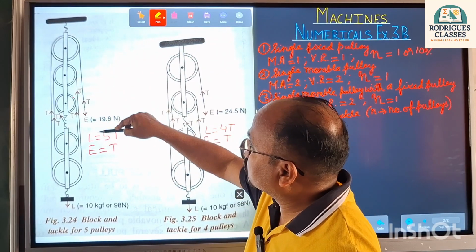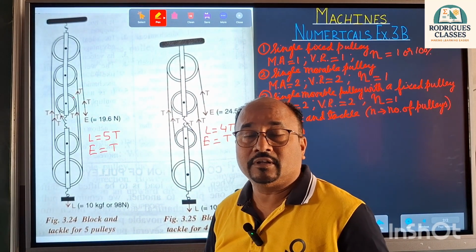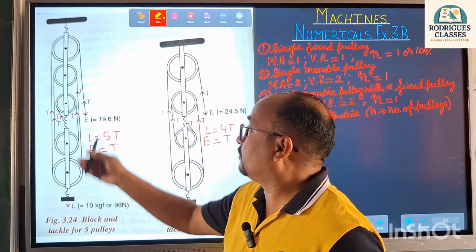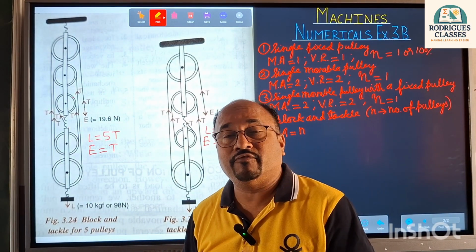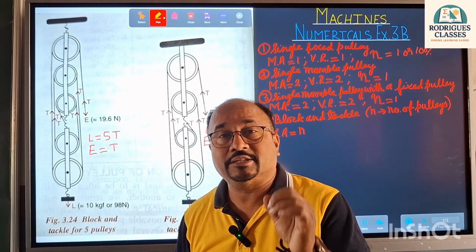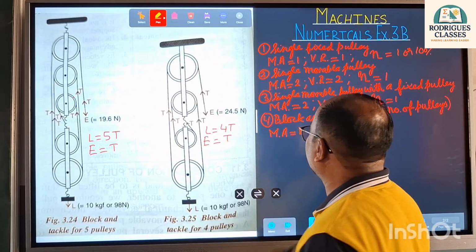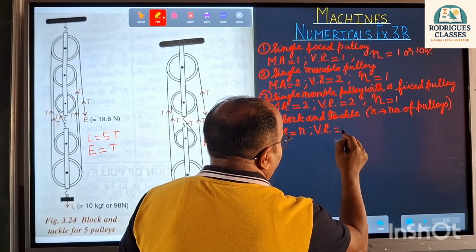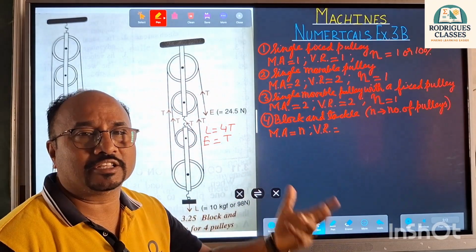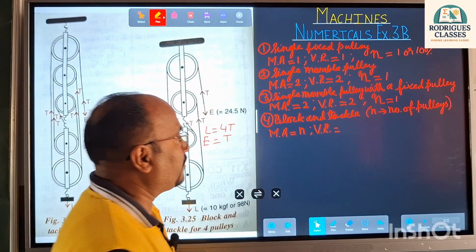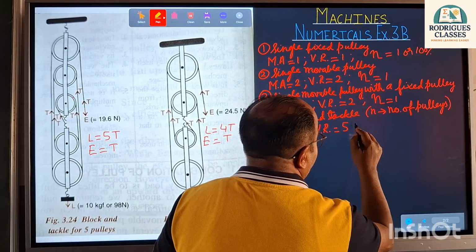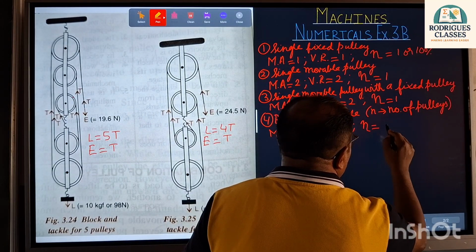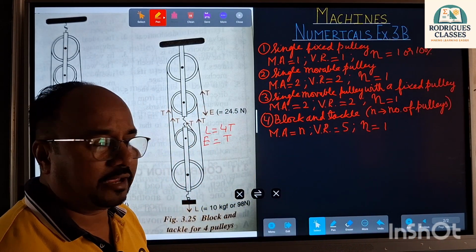So this rope has to be pulled by the effort 5 times the length of whatever the load rises. So the displacement of the effort will become 5 times the displacement of the load. So going by the formula and finding the velocity ratio, displacement of the load, if it is 1 meter, for the effort it will be 5 meters, so it becomes 5. And then efficiency will come as 1 because both the values are same.